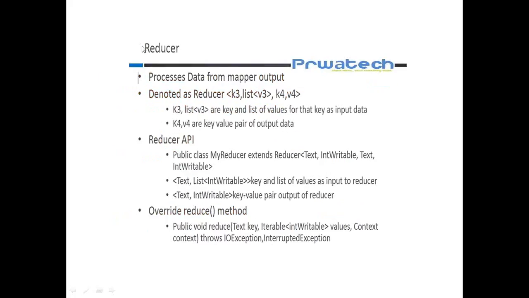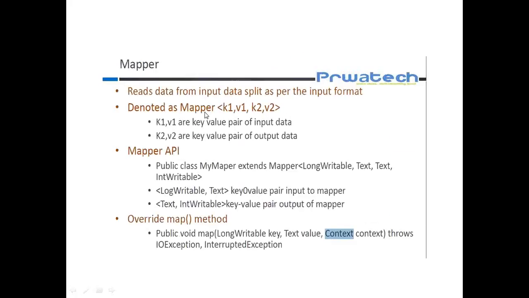The reducer is the same. There is some mistake here: it should be K2 list of V2, and then K3 V3. It's misprinted.